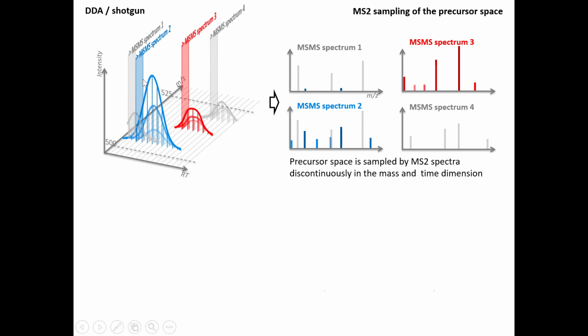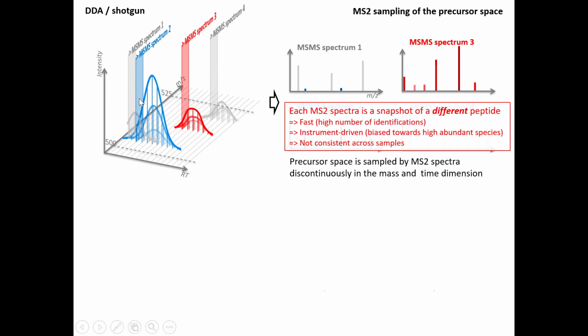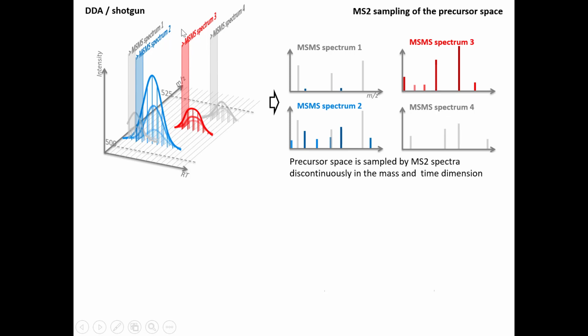In this case, this gray one is selected in this first scan, and we acquire an MS spectrum where this gray peptide has been selected, and it's not a very informative MS spectrum. Then the blue one comes up, and we isolate this blue peptide, and now we have a more informative looking MS spectrum, and then the red one and the gray one and so on.